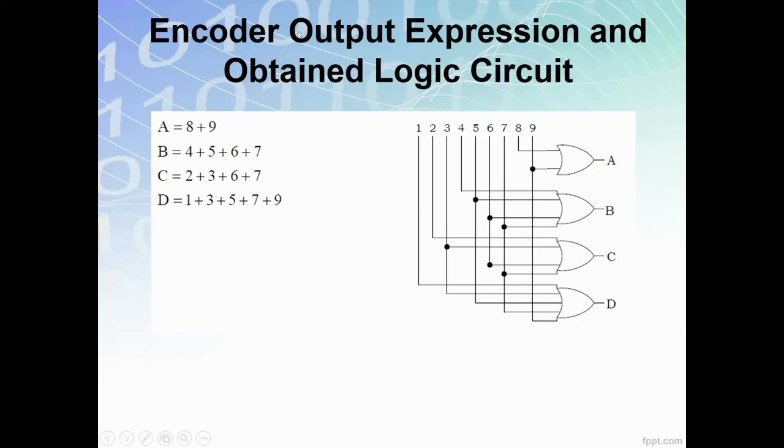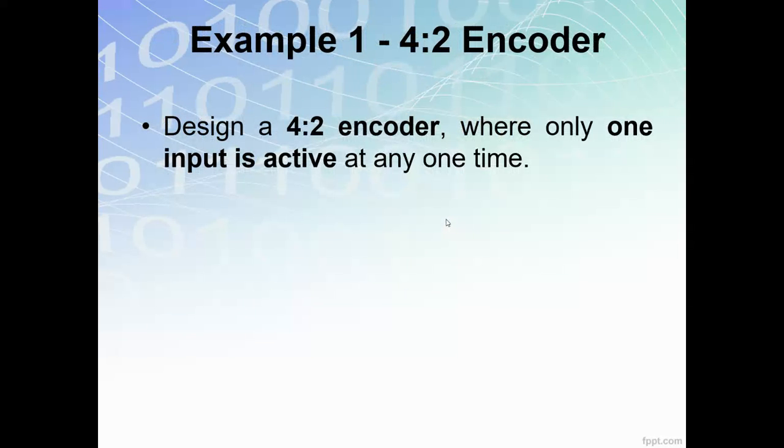Okay, so this is how the encoder works. Kita daripada output expression tu kita boleh obtain kita punya logic circuit for the encoder of decimal to BCD punya expression. Okay.